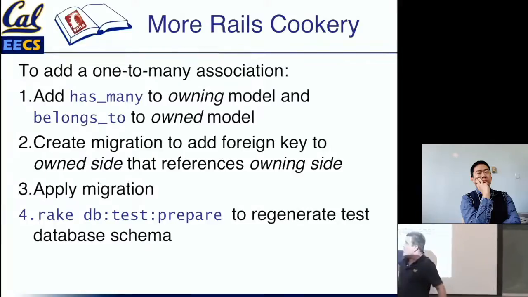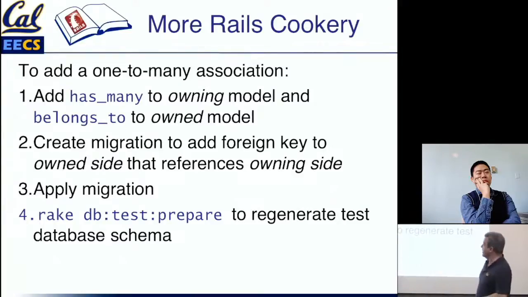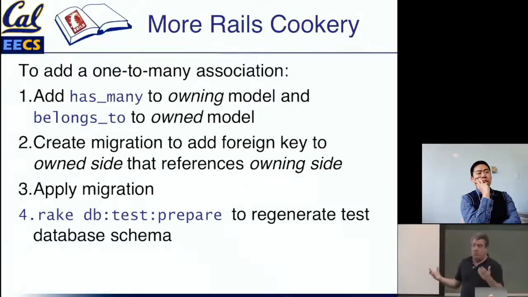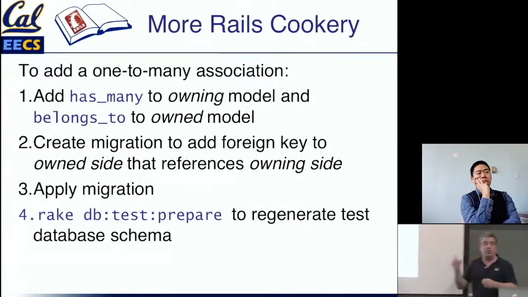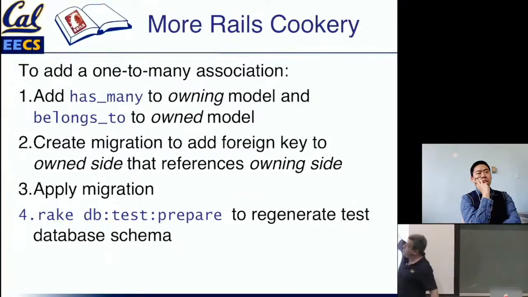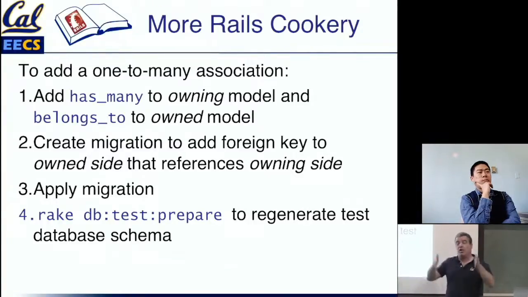But in fact, if you forget to do this, Rails will tell you, so not a big deal. Okay? But basically, that's all you do. You decide what you want the relationship to be, you add has many and belongs to in the correct places, and then you create a migration to make sure that the required foreign keys actually exist in those tables, right? And this is the part between steps 1 and 2. This is where it is on you to make sure that they're consistent.